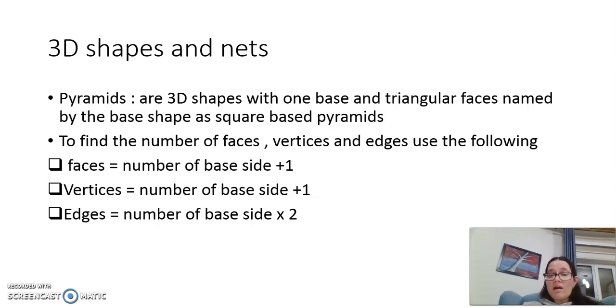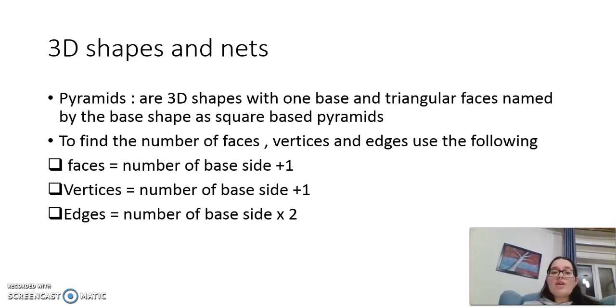The pyramids are 3D shapes with one base only, and it is very important to know the base because the pyramids are named according to their base, and they have triangular faces. So if the base is a square, we call it a square base pyramid. If the base is a triangle, we call it a triangular base pyramid, and so on.